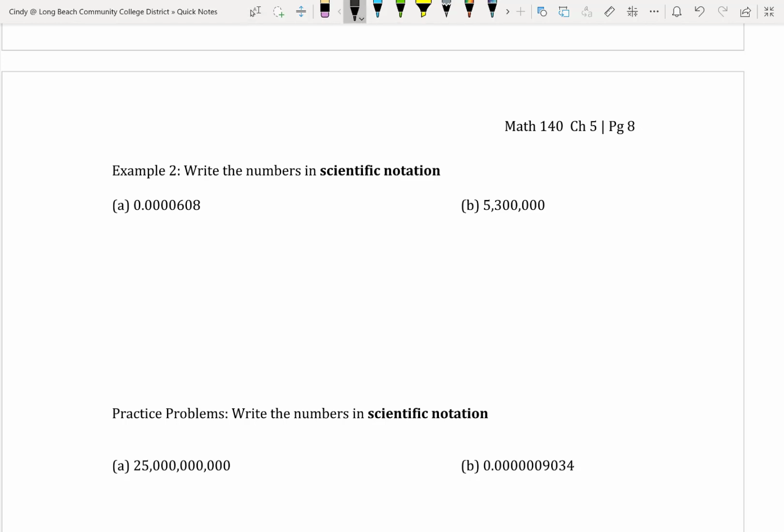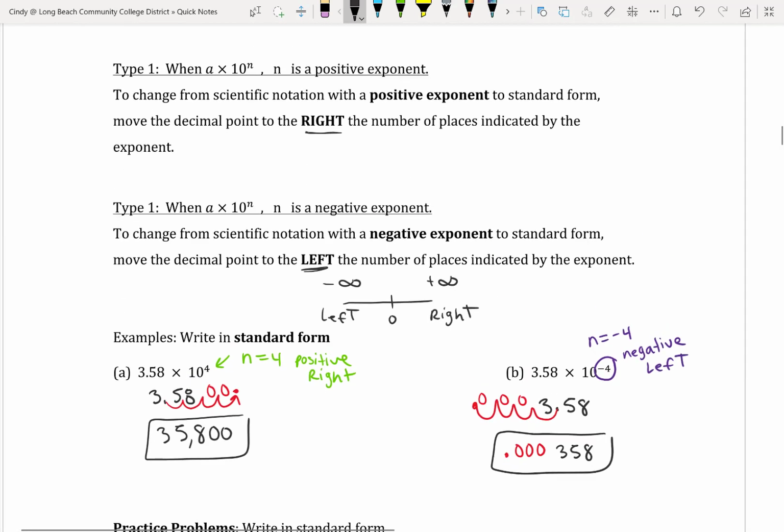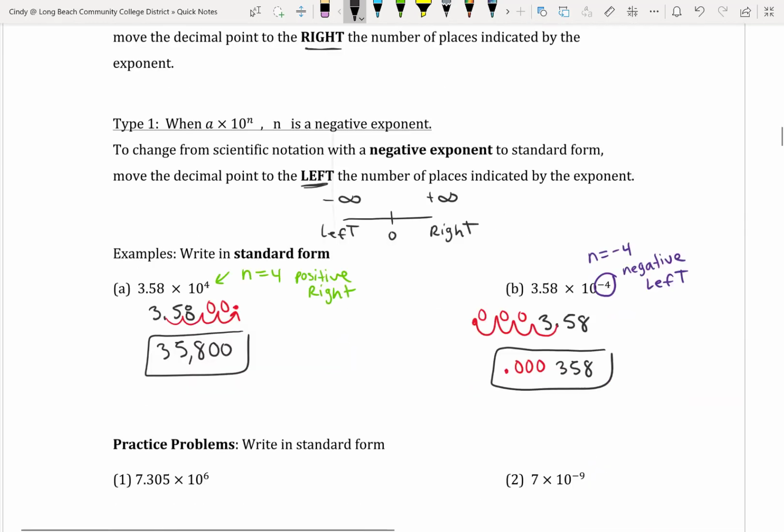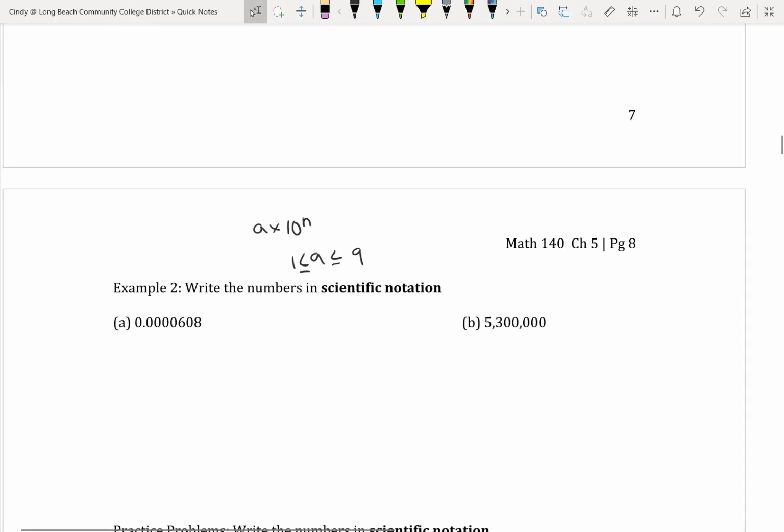Remember, if it's scientific notation, it's always a times 10 to the n power, where a is a digit that's greater than or equal to 1 and strictly less than 10.